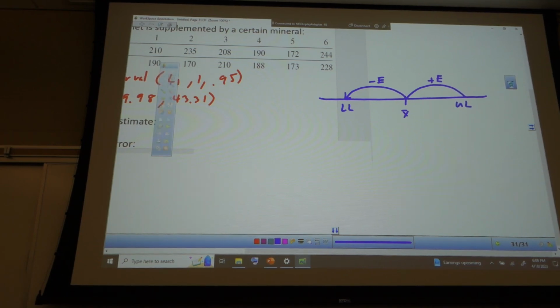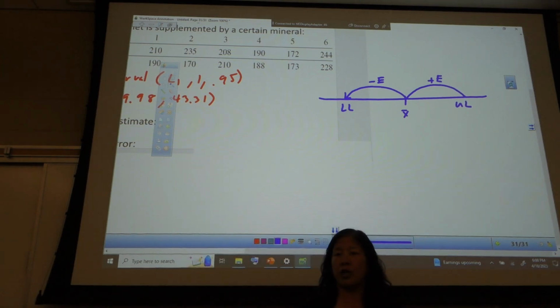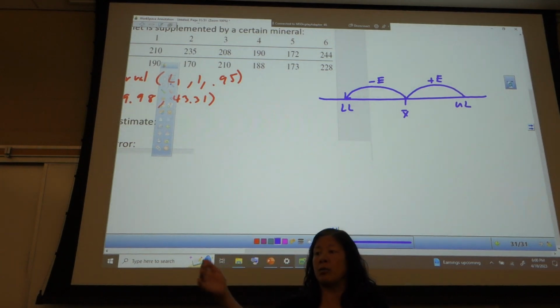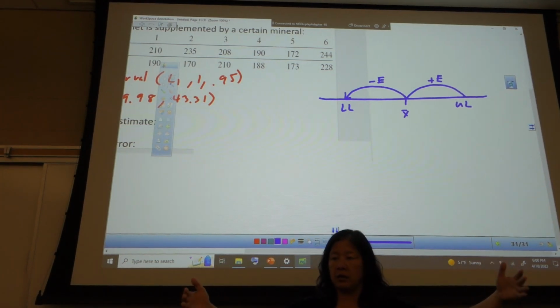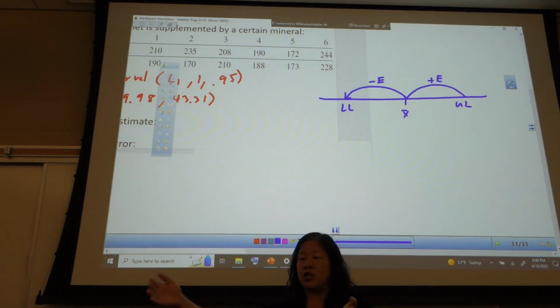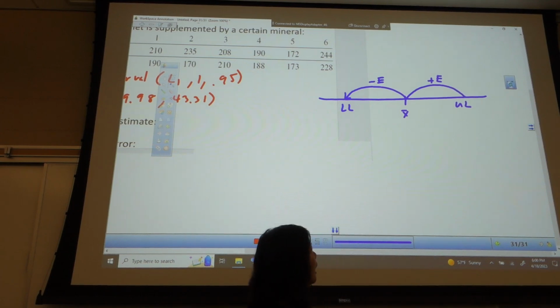If you remember from early on, we said our best guess for the average time to get to Oakland Airport is 40 minutes, and then we're going to maybe subtract 10 minutes and add 10 minutes to that to get our upper and lower limits. We're going to subtract a certain number of standard deviations and add the same number of standard deviations, right? So that's where we get those upper and lower limits from.